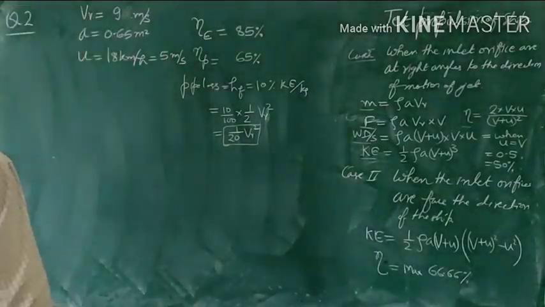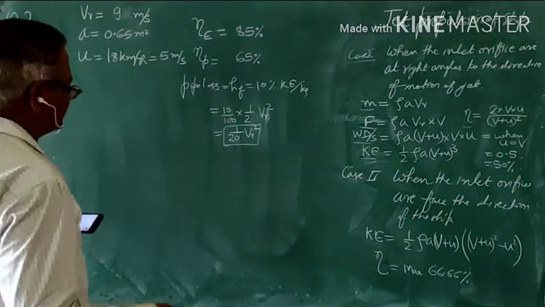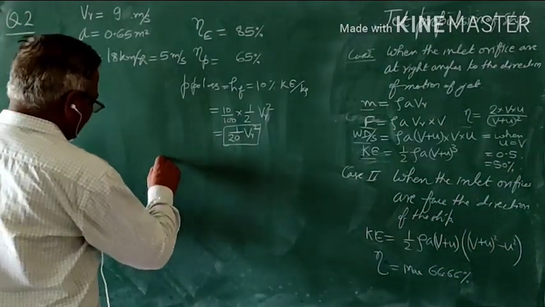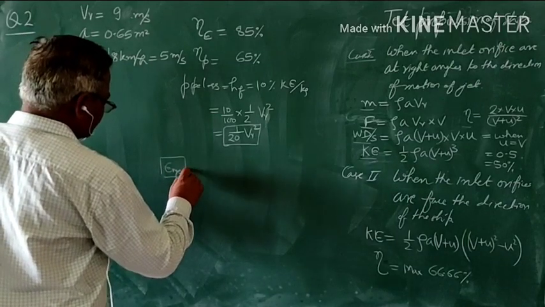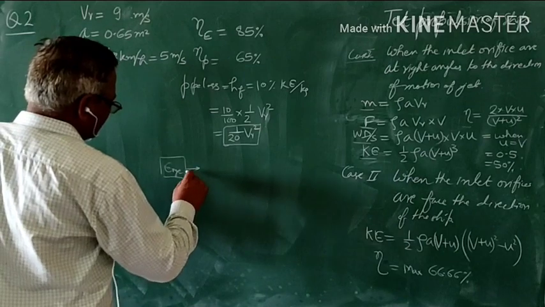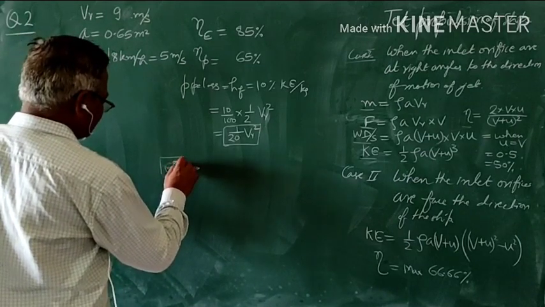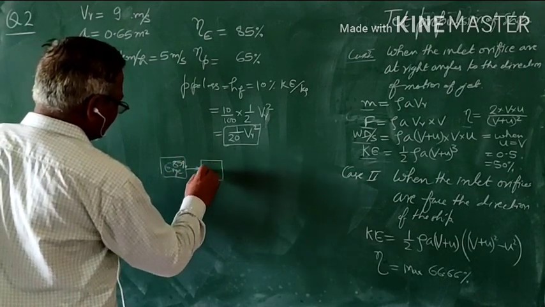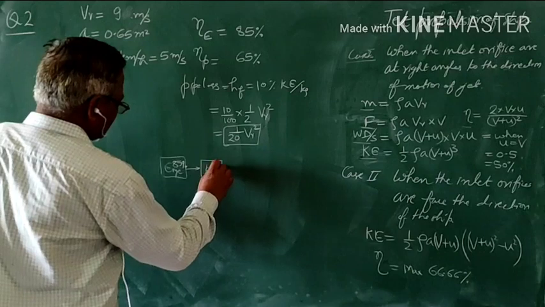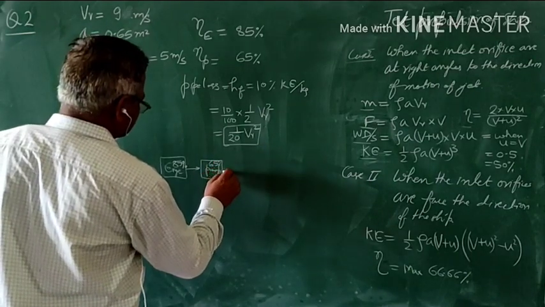Okay. Now, how to solve this question? In this question, it is given that you have an engine. This engine produces some work, and it has an efficiency of 85%. So whatever it gives, it will be received by a pump, and this pump will have an efficiency of 65%.